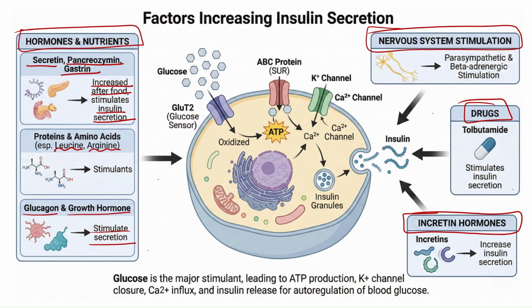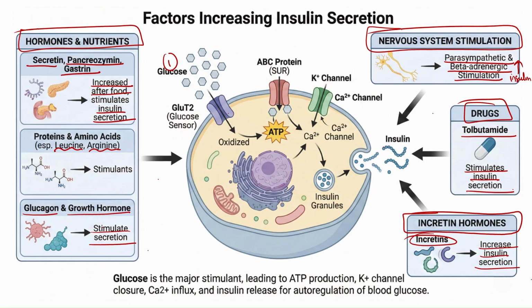Among the nervous system, the parasympathetic nervous system and beta adrenergic stimulation will increase the insulin secretion. Drugs like tolbutamide will stimulate the insulin secretion. Hormones called incretins also increase the secretion.